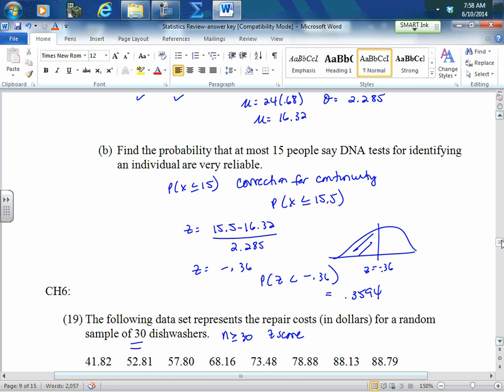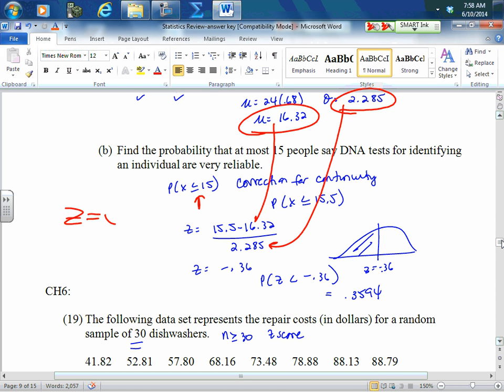Find the probability that at most 15 people will say yes. At most means that's the most you could have, less than or equal to. We use our mean and our standard deviation. The z-score is exactly the same.